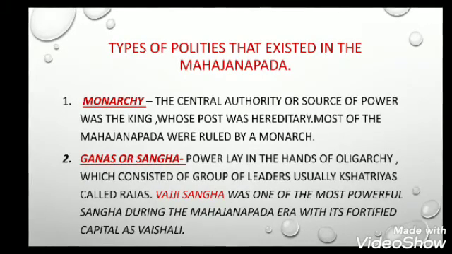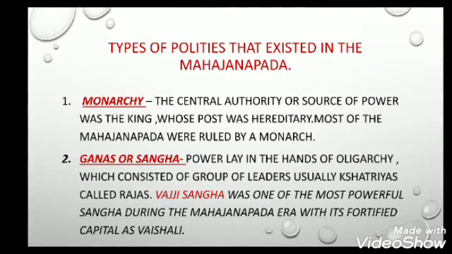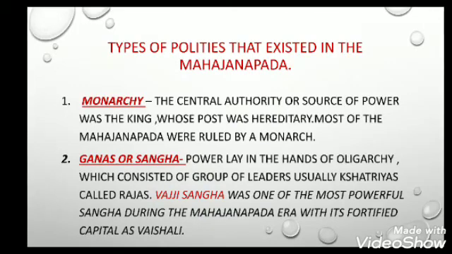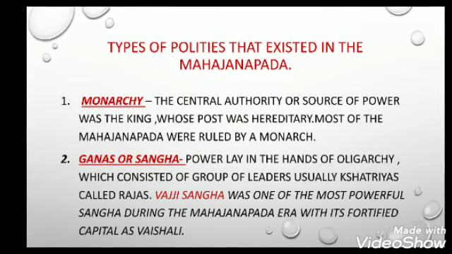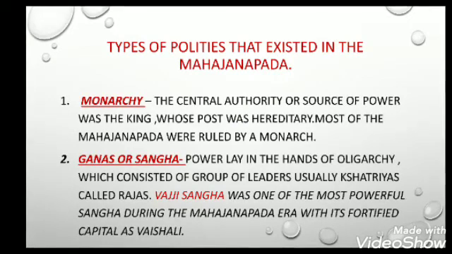This leader was usually Kshatriya by caste, and he was also known as Rajan or Raja. So a Gana or a Sangha could have a lot more members ruling than a single person. Rather than a single point of power, they have multiple people sharing the power, like an oligarchy.